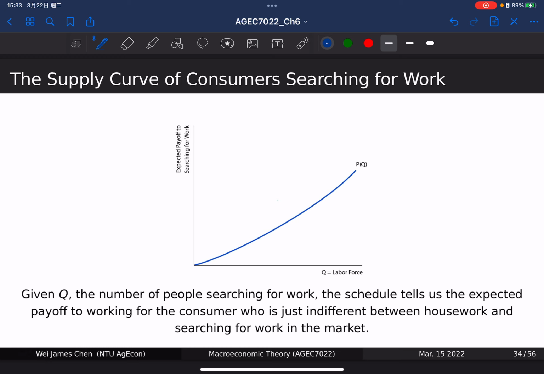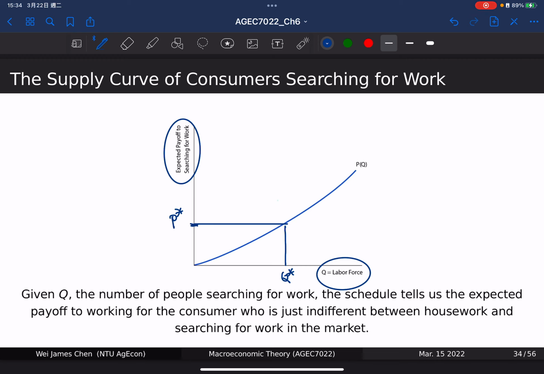The x-axis here is Q, the number of labor force. Here is the expected payoff to searching for a job. Given some payoff P star, it will induce some Q star number of workers, right? P of Q just describes this relationship.